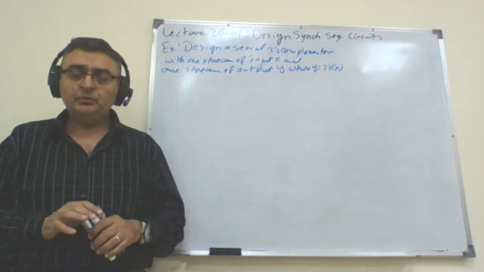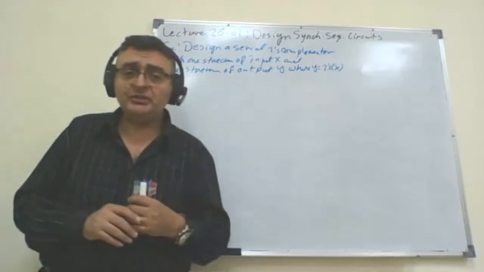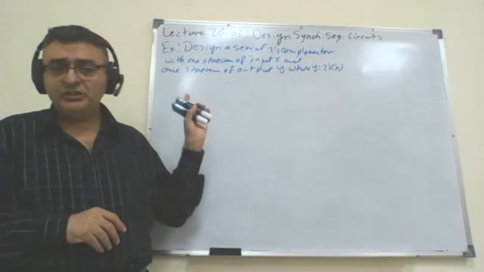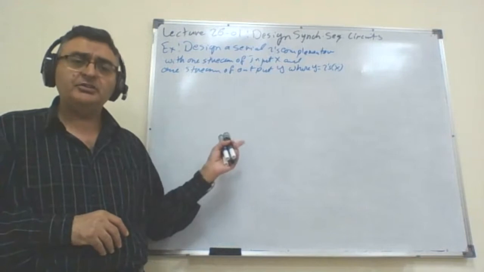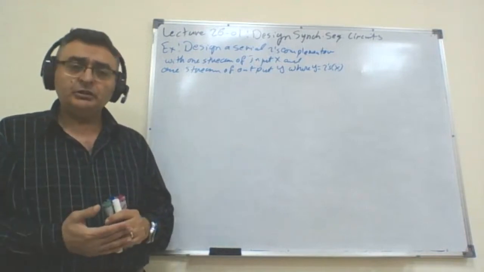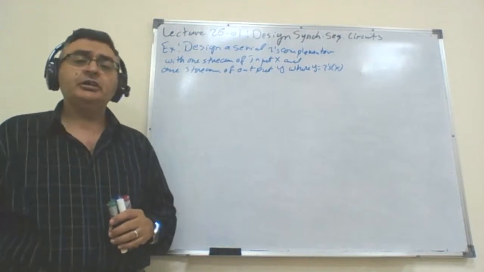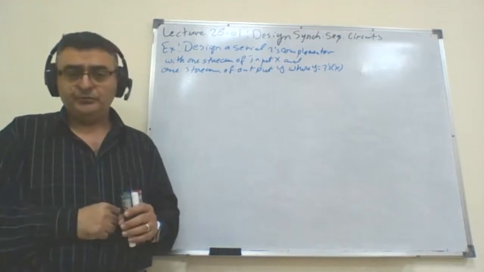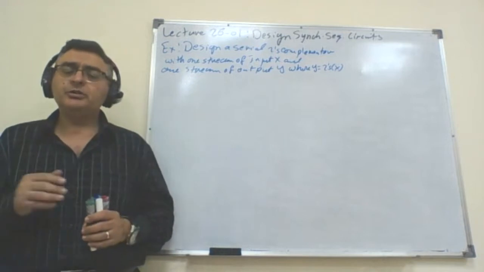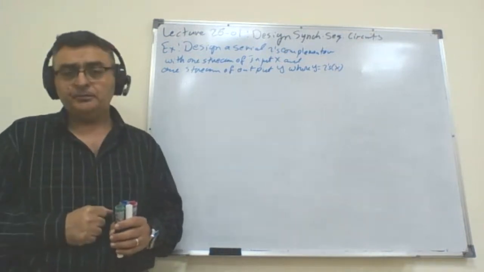In this lecture, part 1 of lecture number 26, we will develop a state diagram for an example. We will read this example, we will build the state diagram, and in the next part of this lecture, we will design the circuit, converting the state diagram into circuits through the steps that we have just mentioned: state table and state equation, then the circuit.